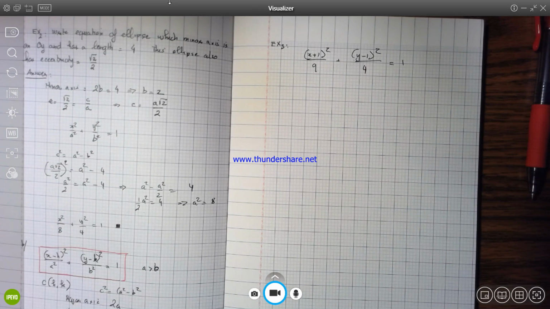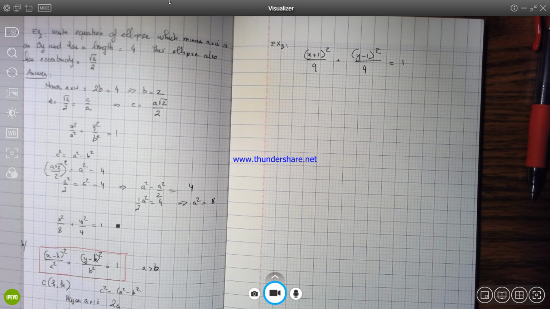So in this question we want to find the major axis, minor axis, coordinate of all the vertices, the coordinate of the foci, eccentricity, equation of the directrix, everything. We need to try to find everything.